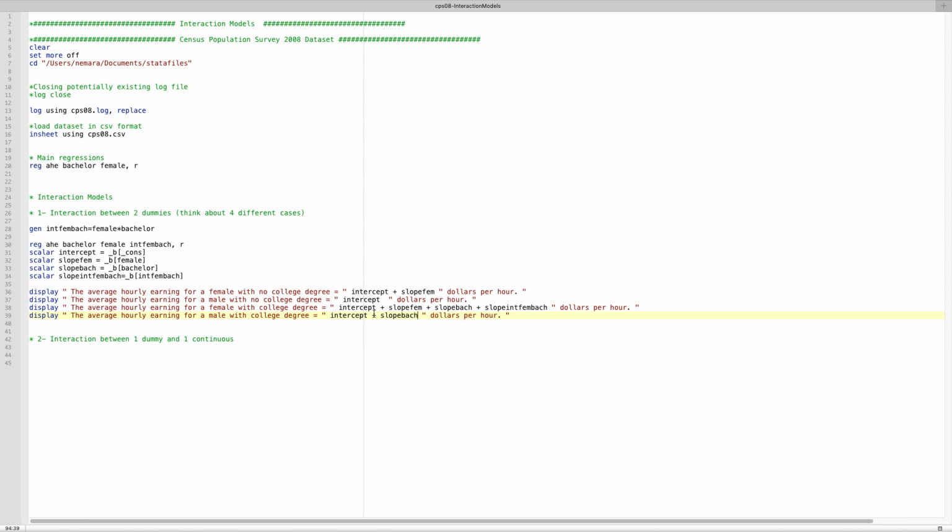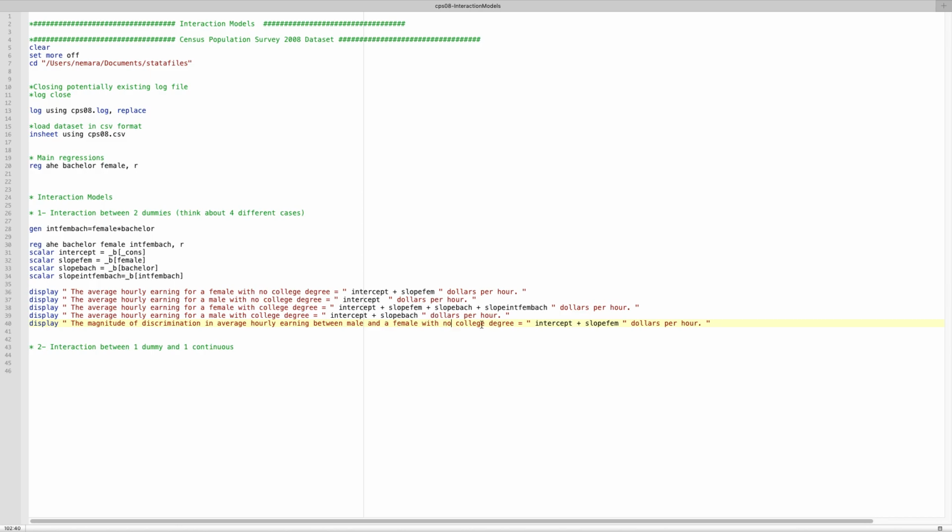Okay, we can also have a question about the discrimination. So what is the magnitude of discrimination in average hourly earning between male and a female, and let's make them with college degree?